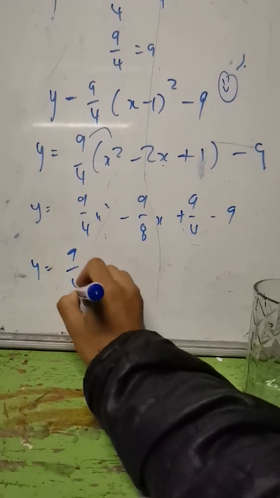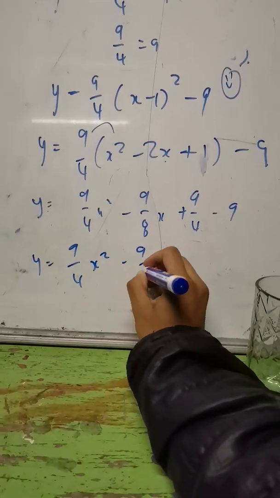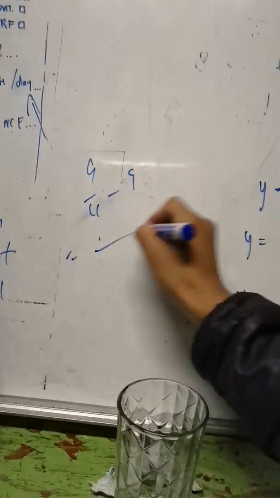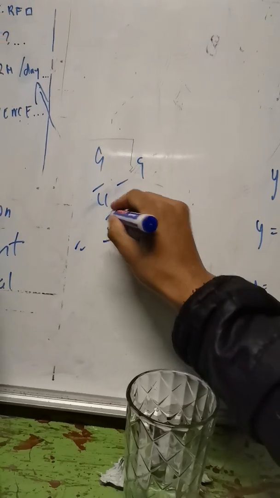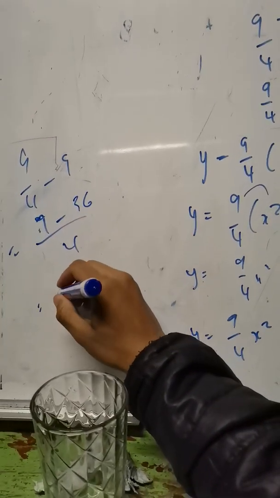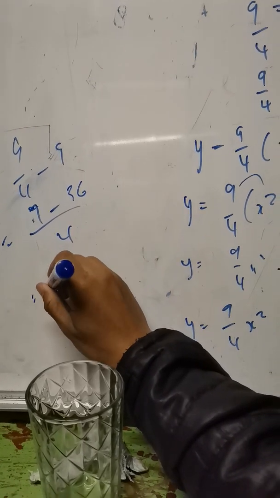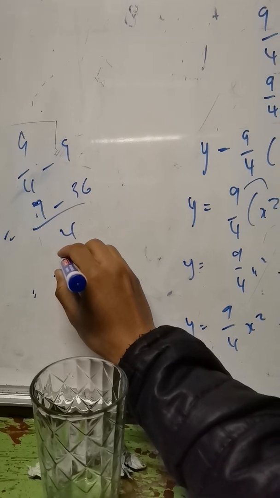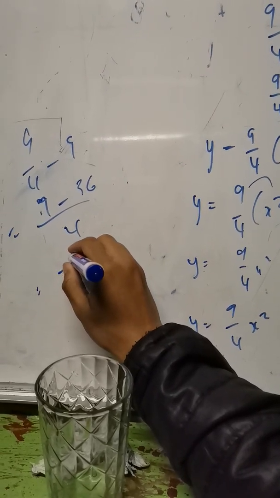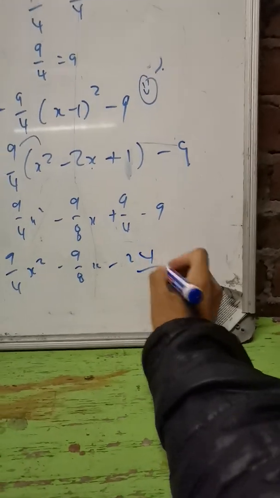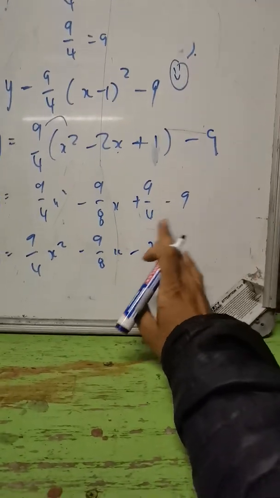Then 9 over 4 minus 9: 9 minus 36 is minus 27, so that's minus 27 over 4.